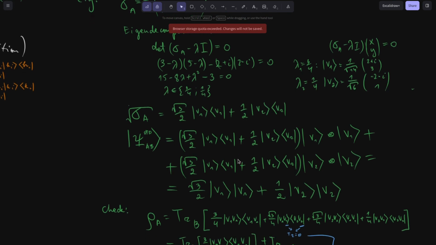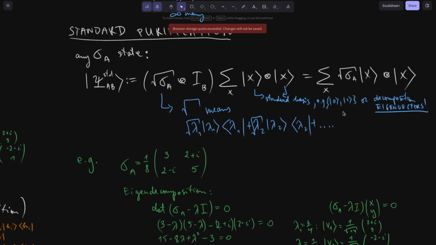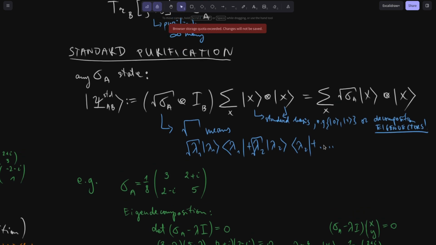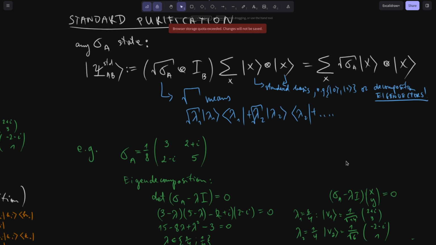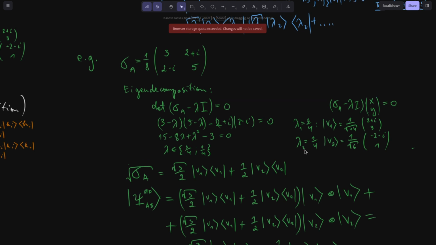Now the next thing we do is find the standard purification by definition. As mentioned before, our standard basis could be 0 and 1, but it's really inconvenient to use that. So we're just gonna use our eigenvectors, which is again a standard basis, because eigendecomposition means that those eigenvectors form an orthonormal basis.